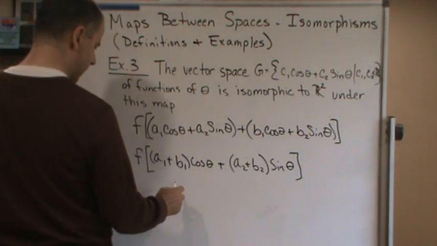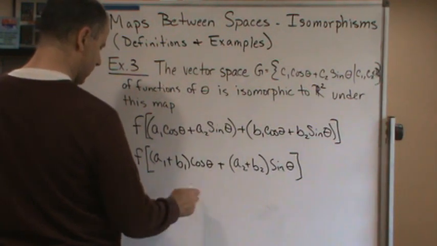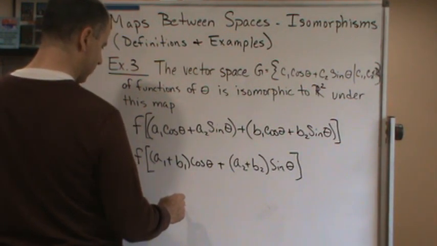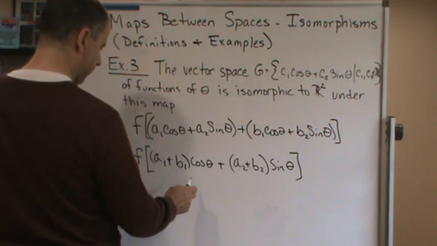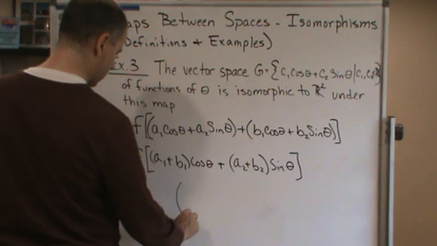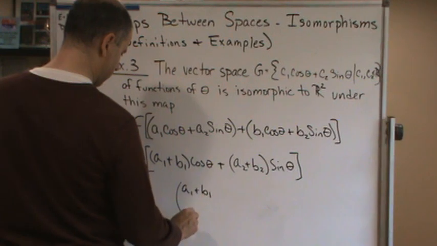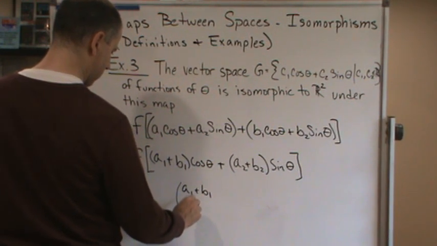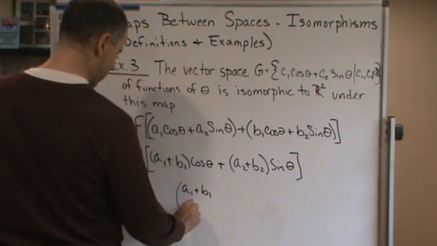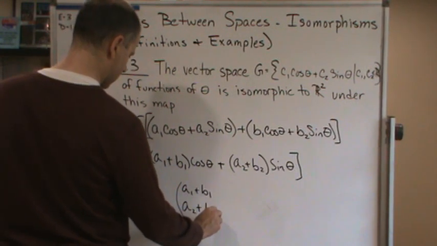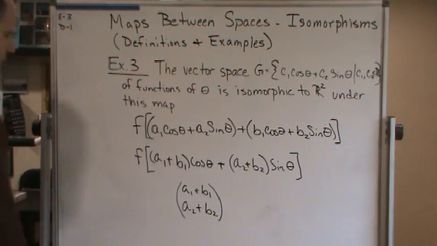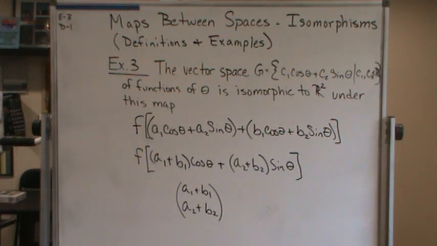And now I'm going to apply the mapping. The correspondence tells me that the image is going to be A1 plus B1 and A2 plus B2. But we're not done.